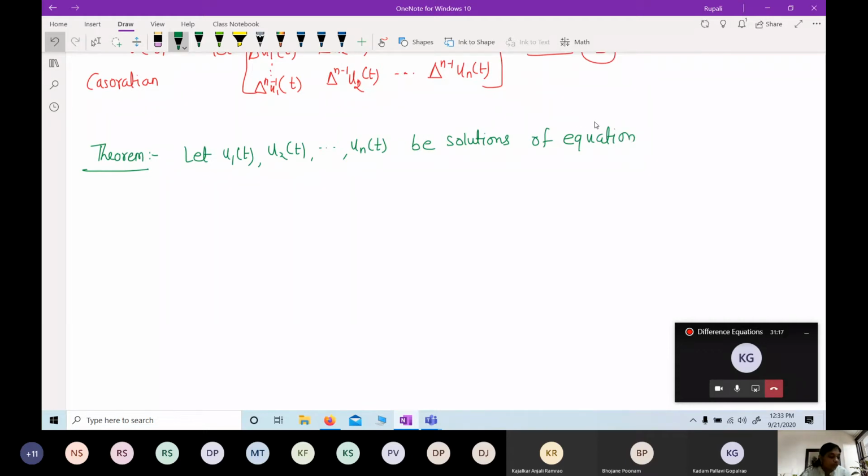What is my 3.4 dash? u at t plus 1 is equal to a times ut, is that my 3.4 dash?